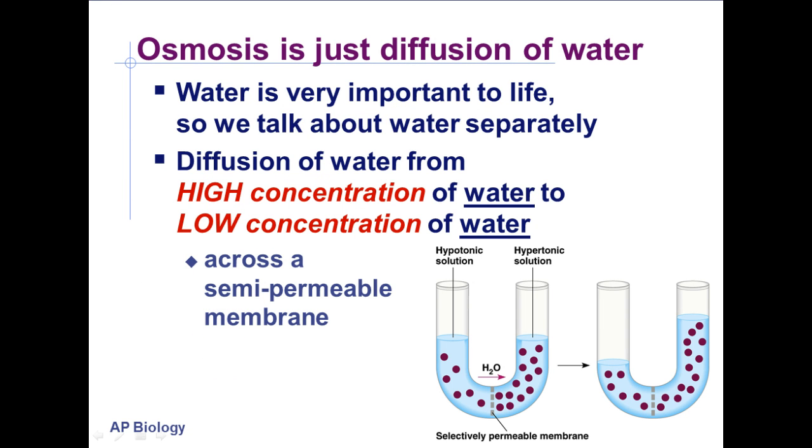Write in your notes that solutions can either be hypotonic, you see these words right here, hypotonic, hypertonic, or they can also be isotonic. So hypotonic, hypertonic, and isotonic. Now also write in your notes that the prefix hypo means under or low.